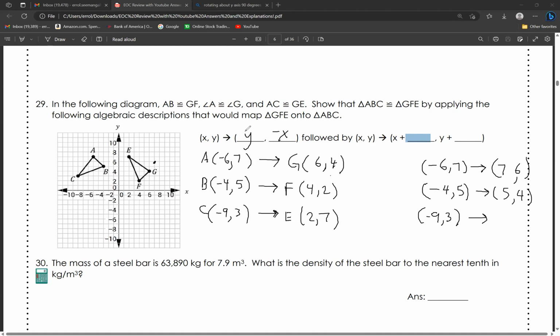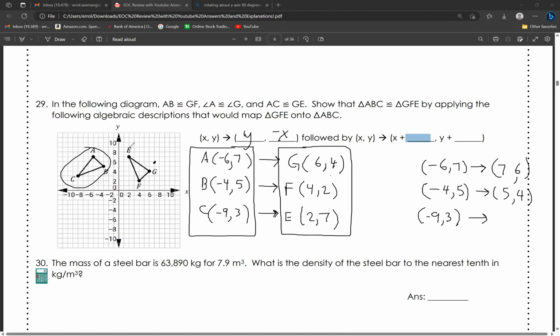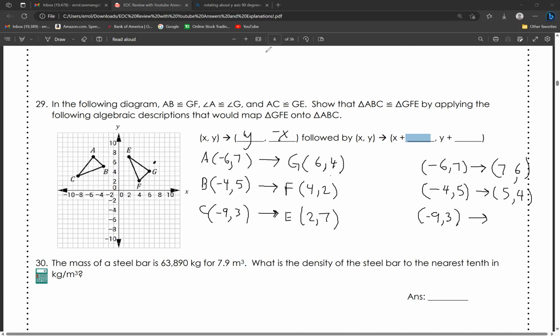Can you explain it? Okay, you understand these coordinates right here? Those are the ones on the left graph. And these ones are the triangle on the right. So I'm just writing them in order: A becomes G, B becomes F, and C becomes E. So C would be 2, 7.